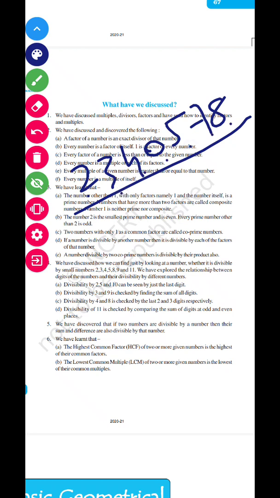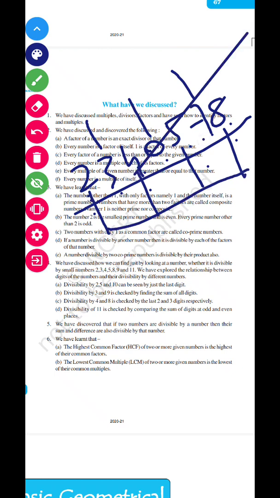So this is odd, this is odd, this is odd, this is odd, because first, third, fifth, seventh are odd, and these are even. Now we will take the sum of the odd digits. 2 plus 4, 6, 6 plus 5, 11, 11 plus 8, 19.